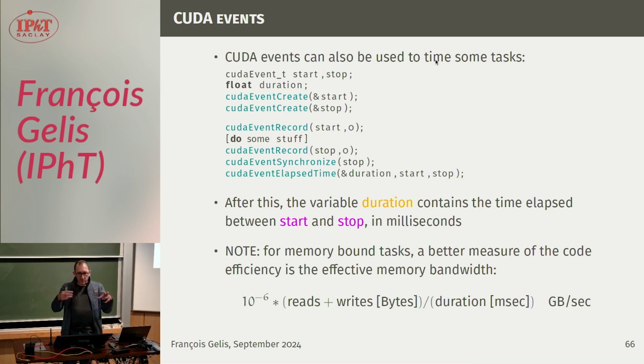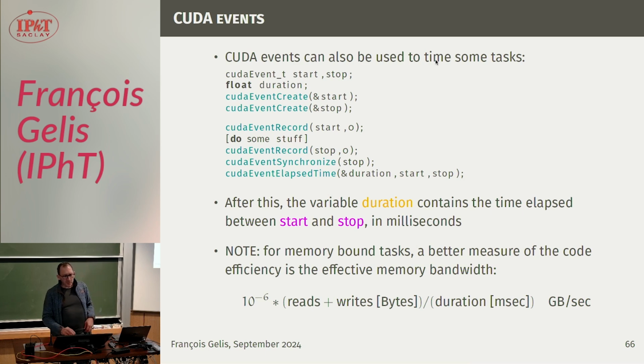Then you do some stuff, the set of commands you want to measure the time of. And then you do another cudaEventRecord, now with the stop event, after you've issued all these commands. And then you call cudaEventSynchronize to block until all these tasks have been finished.